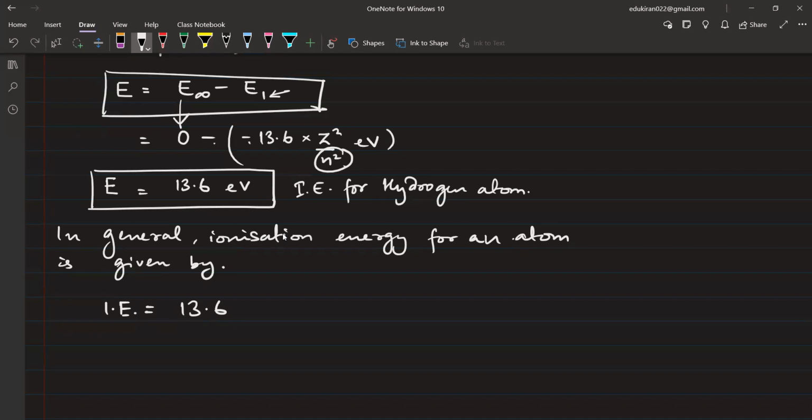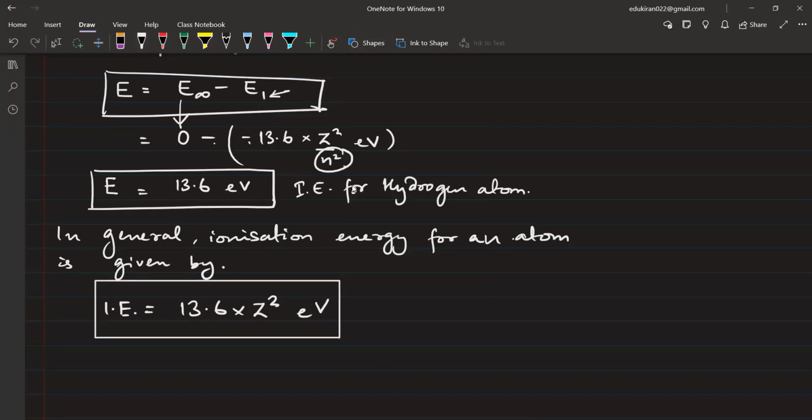N1 रहेगा हमेशा. So we'll get 13.6 into Z square electron volts. Got this? Yes or no, please tell me. Yes, sir.